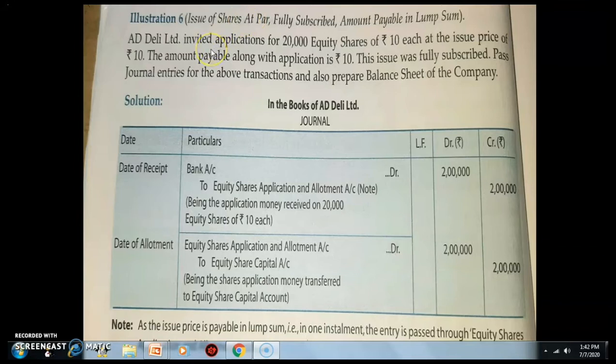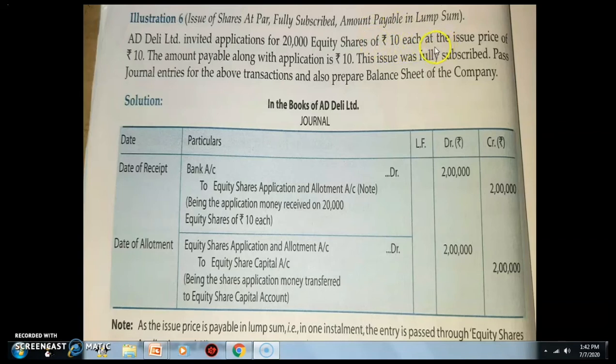This is the same type of problem that we have discussed earlier. Here the issue of share is at par, fully subscribed, and amount payable is in lump sum. The company's name is AD Delhi Limited. How many shares are they inviting? 20,000 equity shares, and the nominal value or the face value of one share is 10 each.